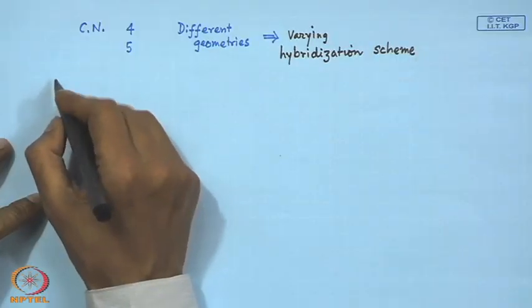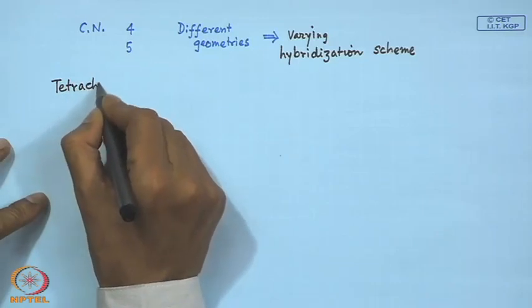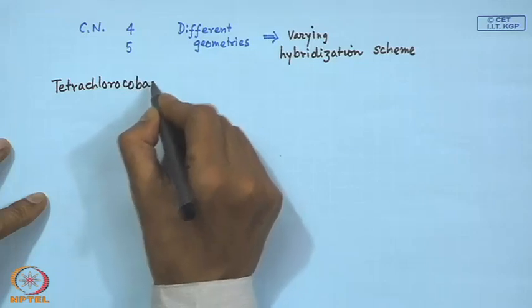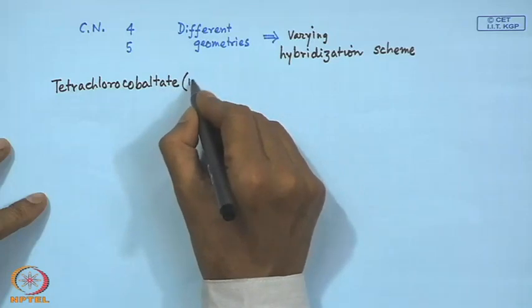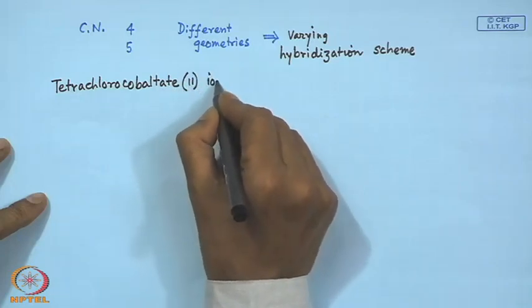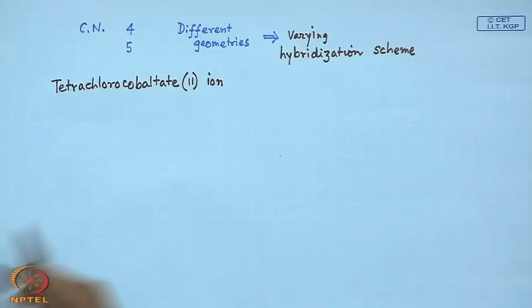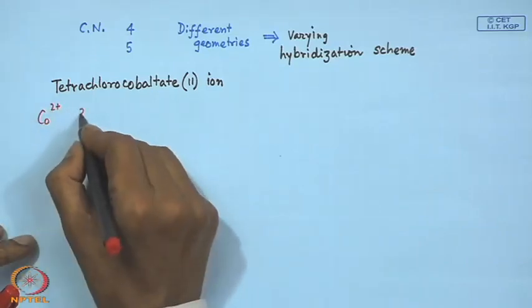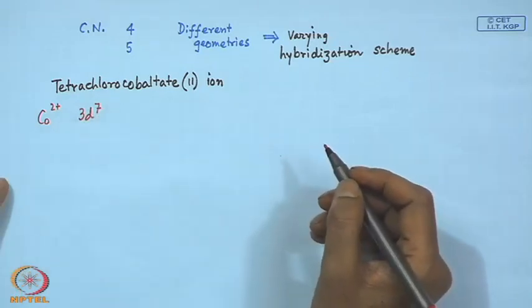So, if we have the tetrachlorocobaltate, oxidation state is 2. So, tetrachlorocobaltate 2 ion, and since it is cobalt 2 plus, it has corresponding electronic configuration 3d7.